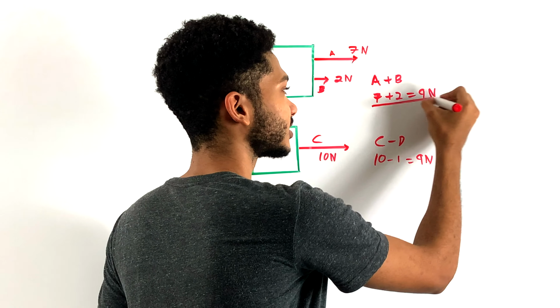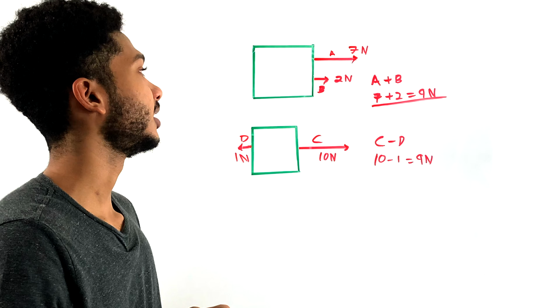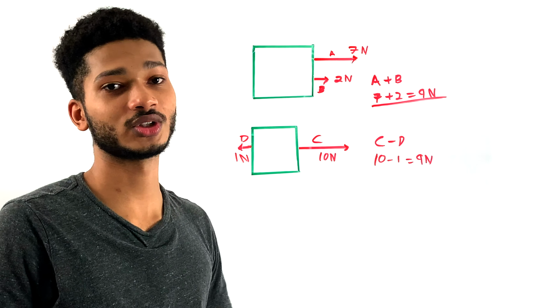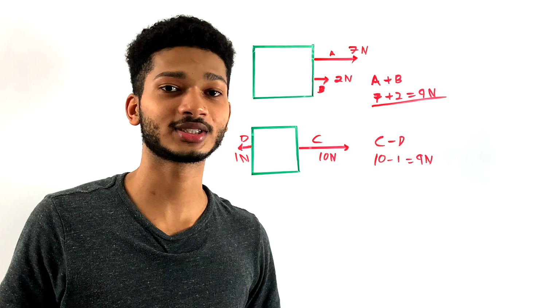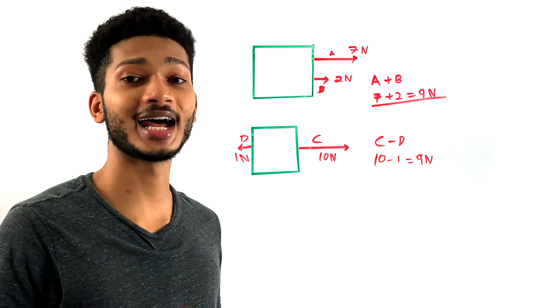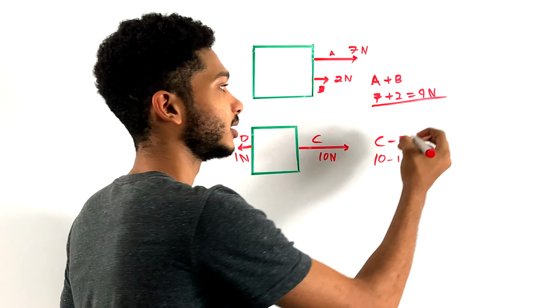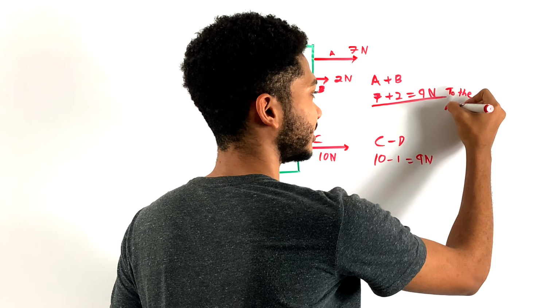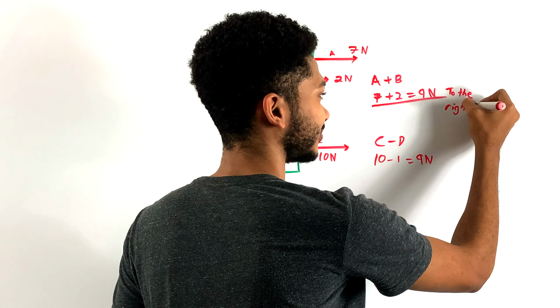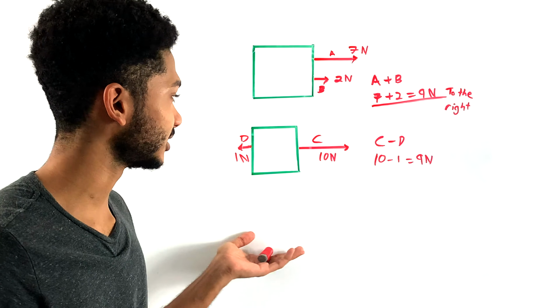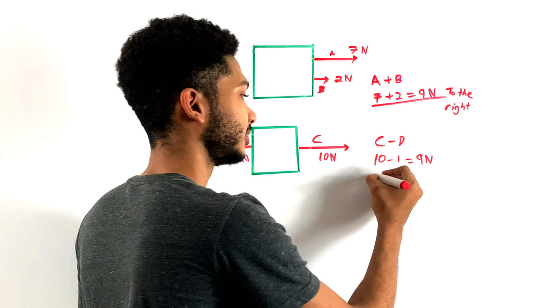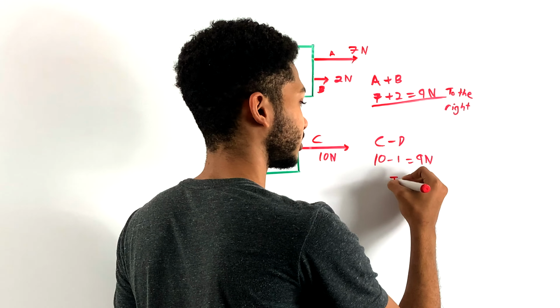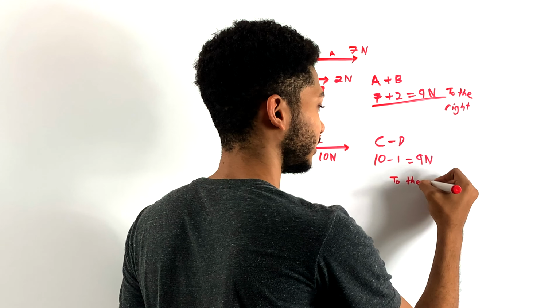In this case, it has a resultant vector of 9 newtons, but we know that vectors have magnitude and direction. So you will say 9 newtons to the right, and the same will be done right here. So 9 newtons to the right.